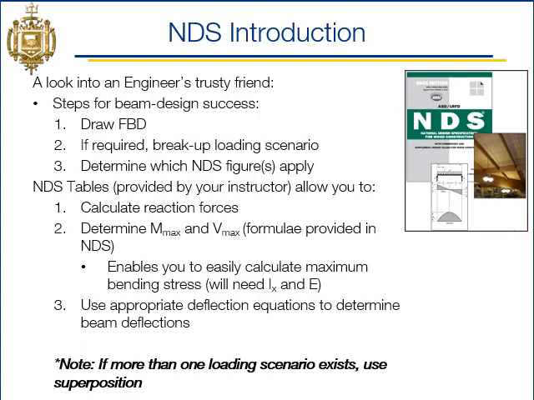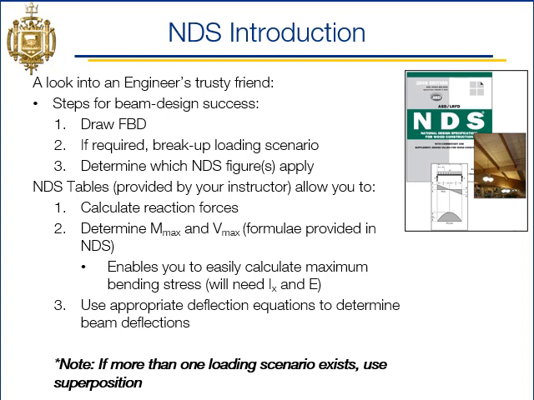All right, so NDS introduction. We have a little screenshot of their front page of the NDS. Let's walk through how we're going to use this so we are successful. Steps for our success: first thing is we want to make sure we have a nicely drawn free body diagram, right?